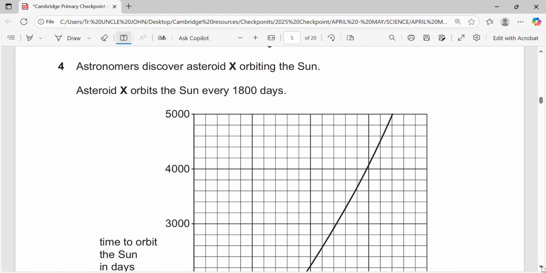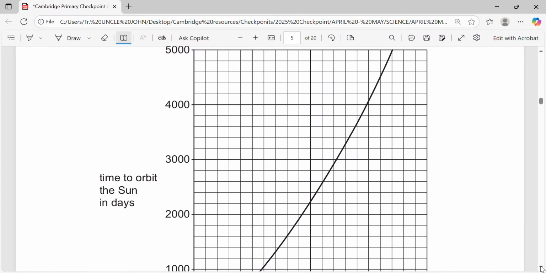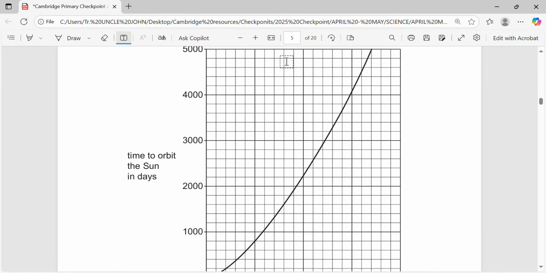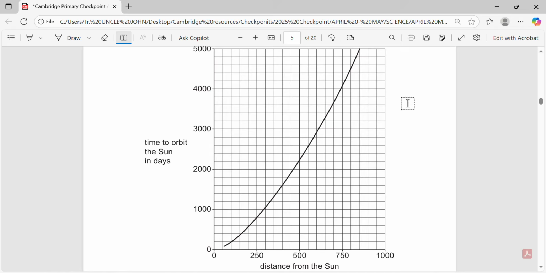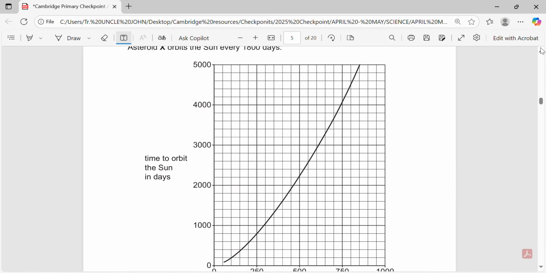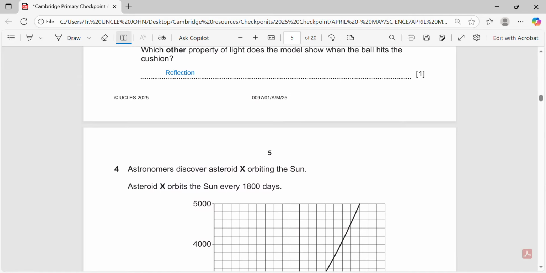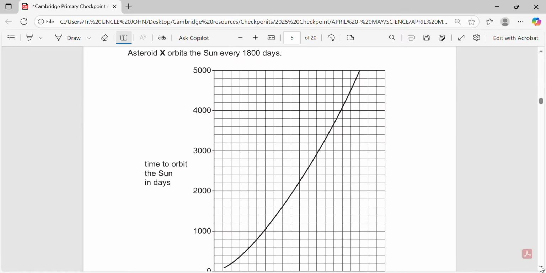Number 4. Astronomers discover asteroid X orbiting the Sun. Asteroid X orbits the Sun every 1,800 days. Here is the diagram, you can see.